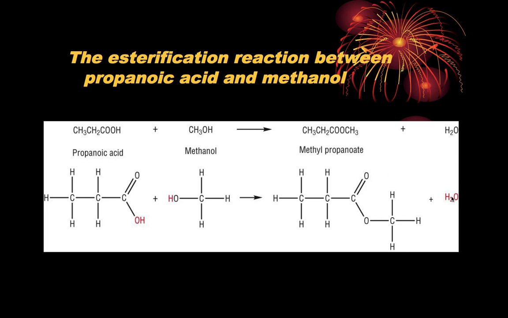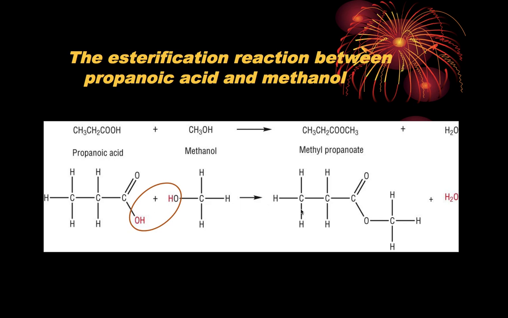H2O, water, comes off. And then it forms a new bond between the oxygen of the alcohol and the carbonyl carbon at the end, which needs another bond so it can have its complete octet. So the only tricky thing is really naming these things.